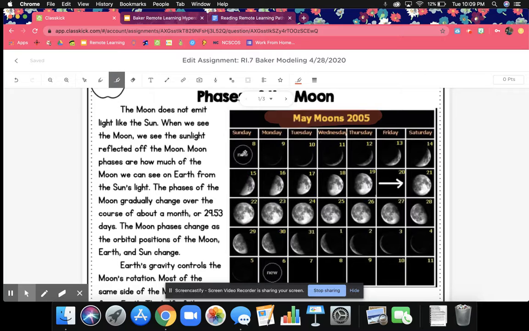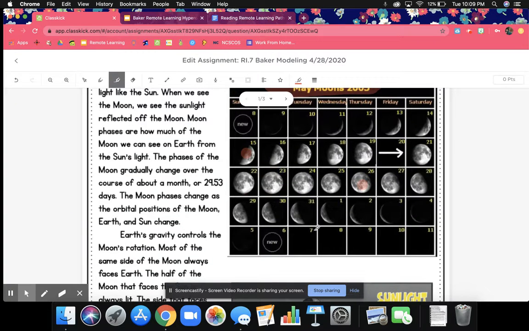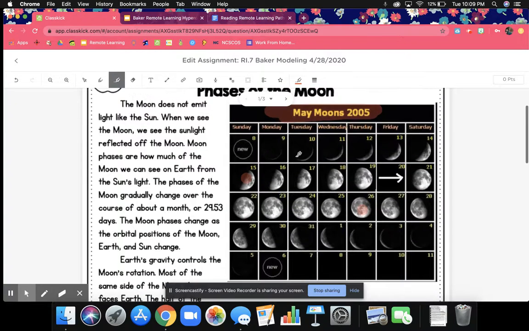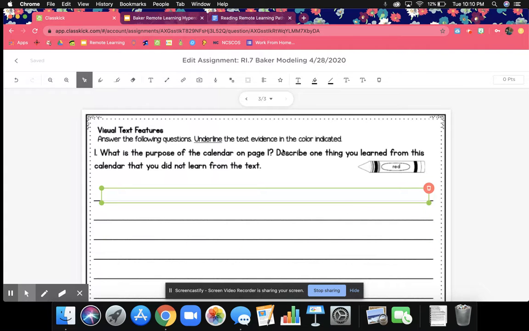So we see that on May 15th of 2005, that was the moon, May 26th, and all the different types of moons. So what's the purpose of that calendar? So the purpose of this calendar was to show you what the moons were each day in May of 2005. So I'm going to take my text, I'm going to put that there.